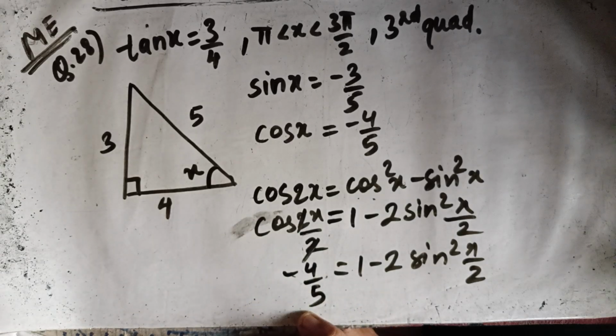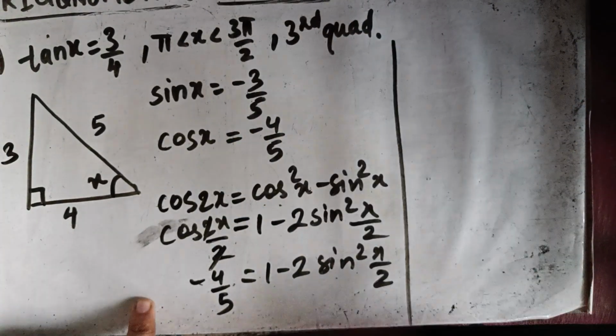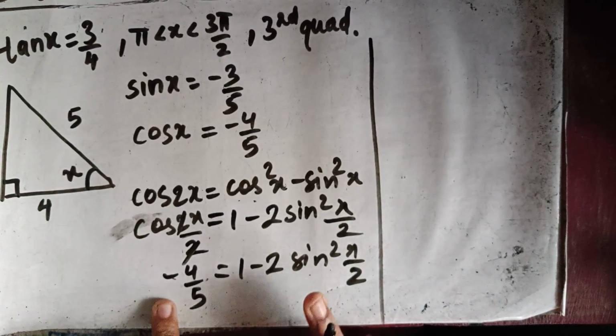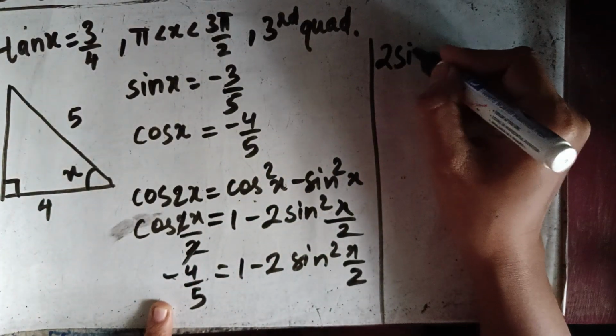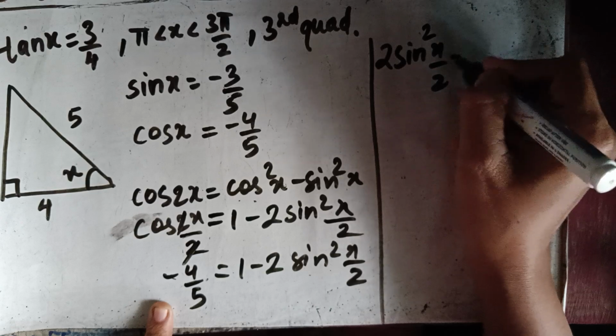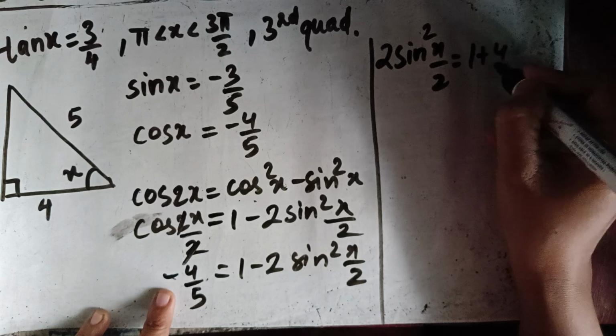Take this one to this side so it becomes positive: 2 sin square x by 2 equals 1 plus 4 by 5.